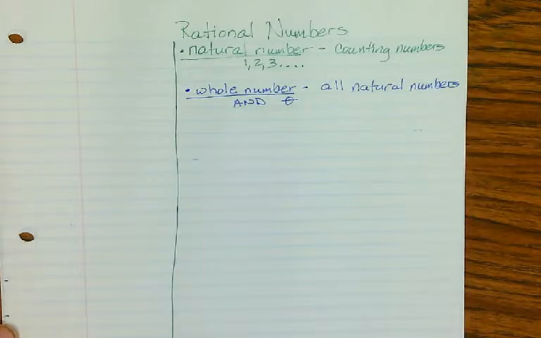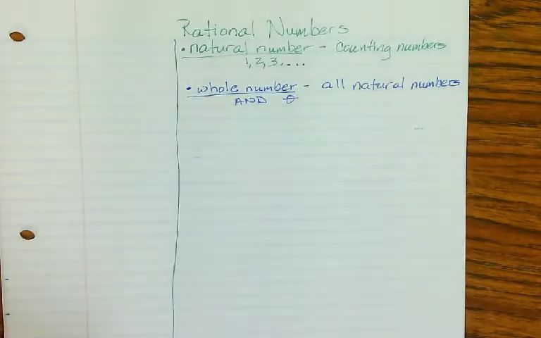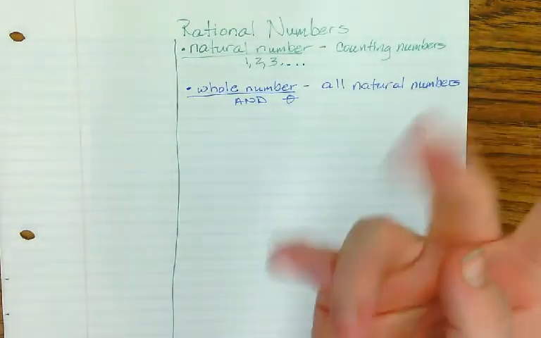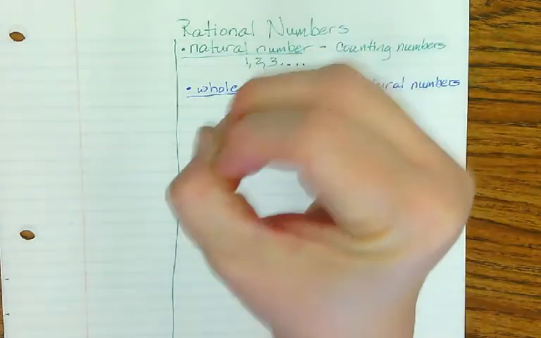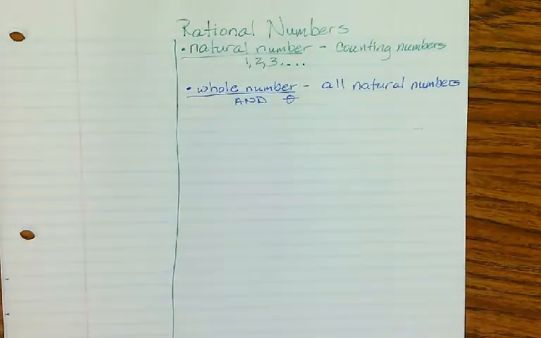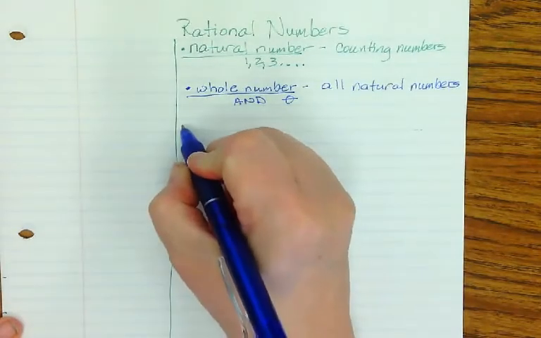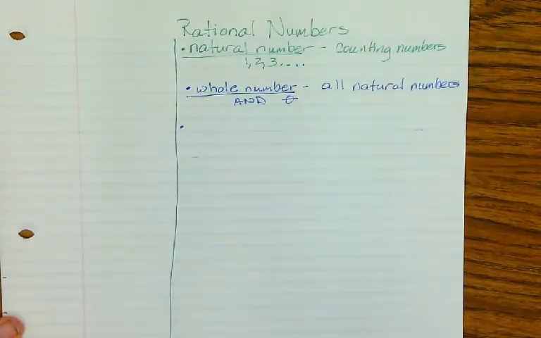A whole number has a 0. So natural numbers you can count. Whole number, add a 0. That makes it a whole number. Boom. All right.